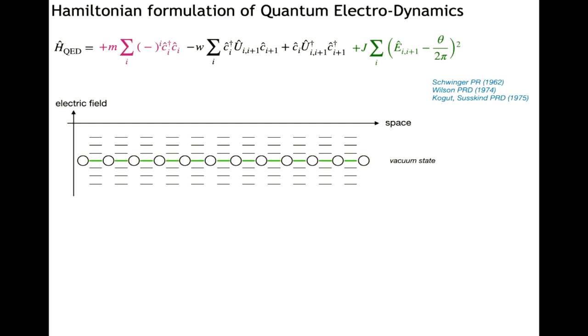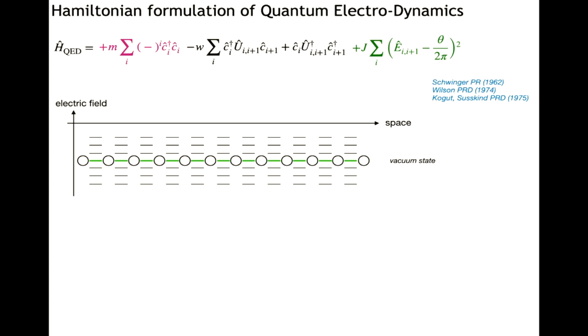On the sites of this one-dimensional chain, we represent the fermions, and on the links of this chain, we represent the electric field. The electric field is like a tower, it can take many values, right? So this is the vacuum configuration where there are no particles and the electric field is zero everywhere, right?